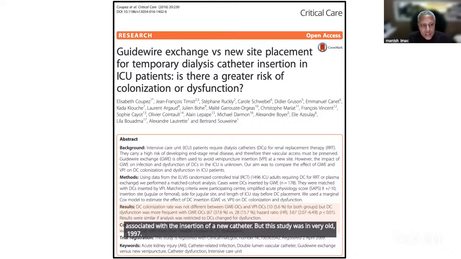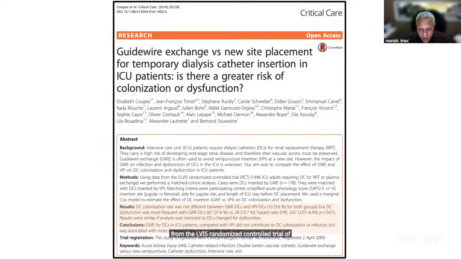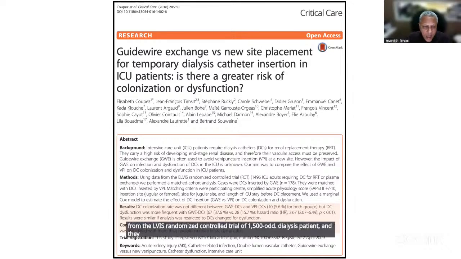This is a more recent study from about a decade ago, wherein again they looked at data from the ELVIS randomized control trial of 1,500 odd dialysis patients, and they took patients who had guide wire exchange and matched them with patients where they resited the catheters.